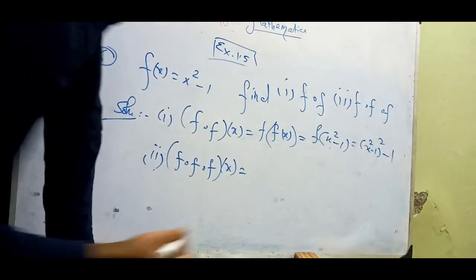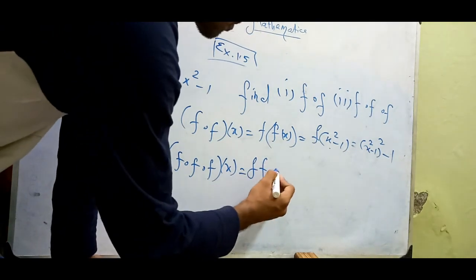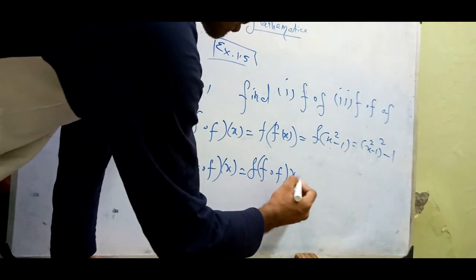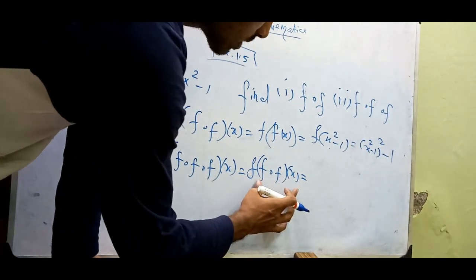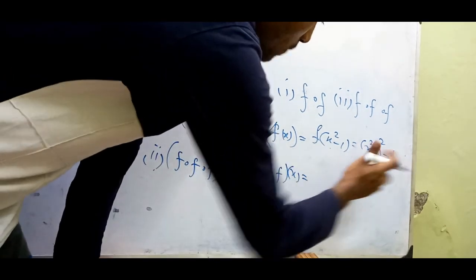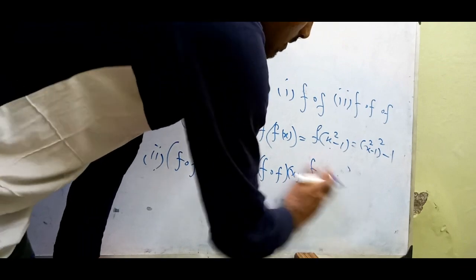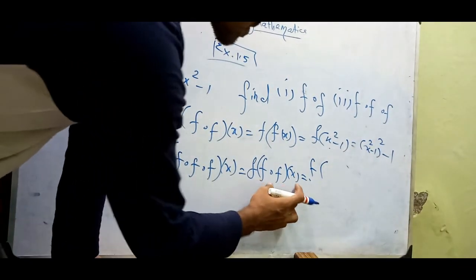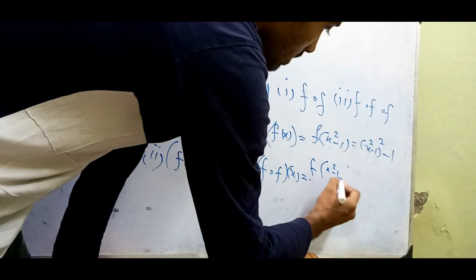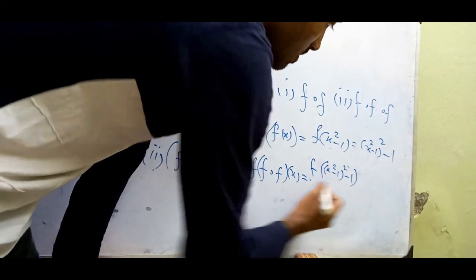Now the second one is f compose f compose f of x. We know that f compose f of x is x squared minus 1 whole square minus 1.